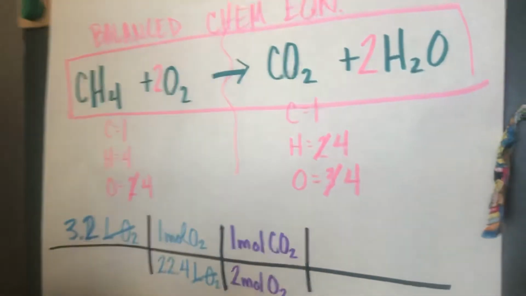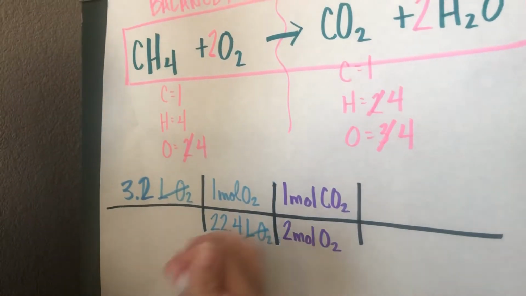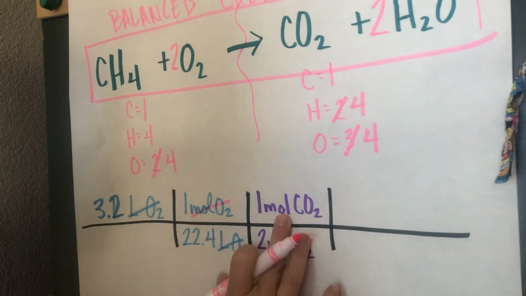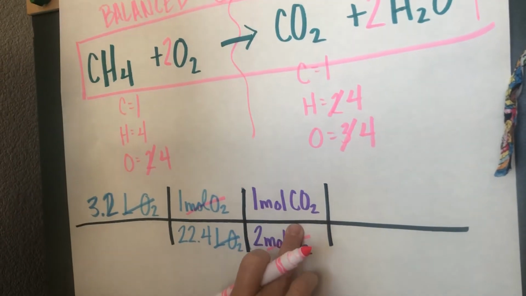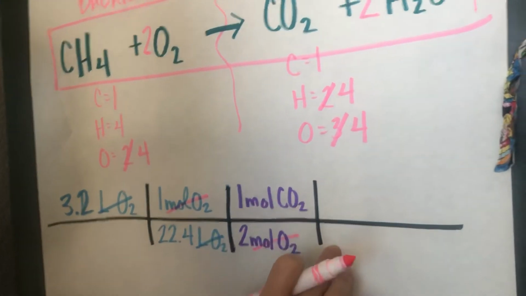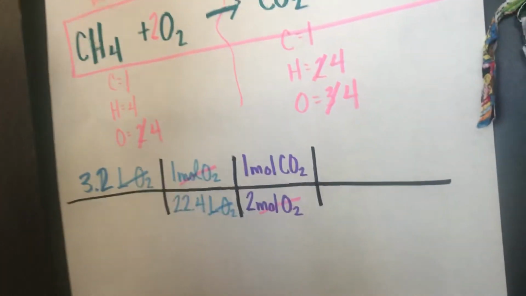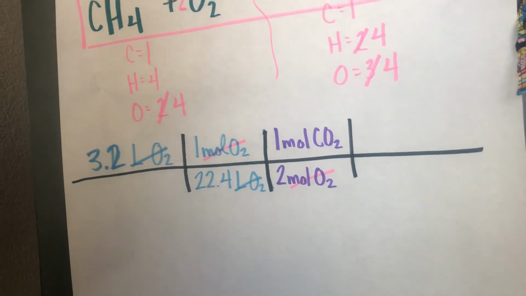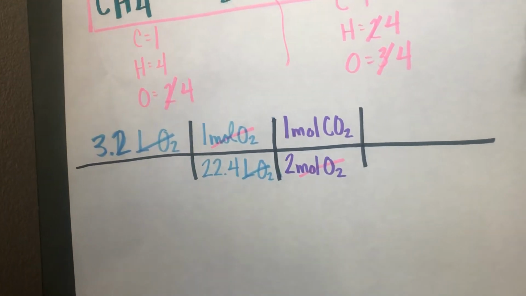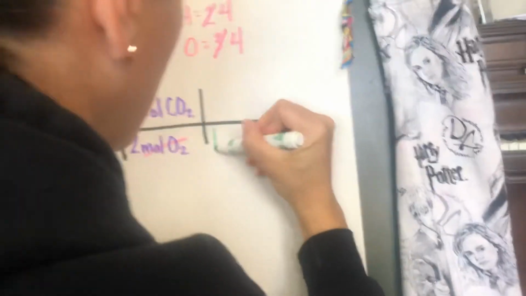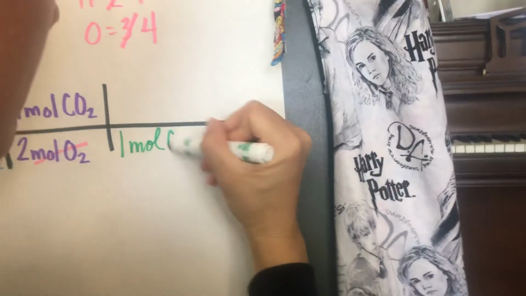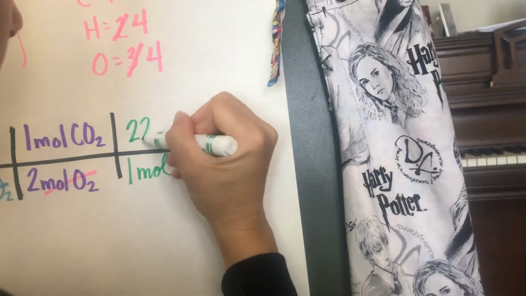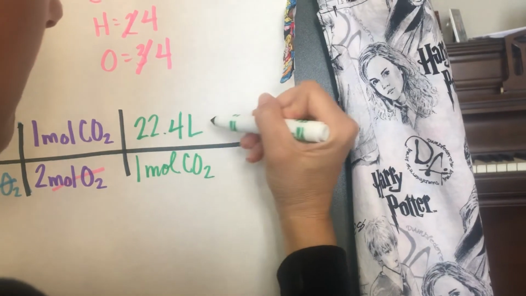Now let's take a look at our units. How are they shaking out? Moles of O2 cancel, and now I'm at moles of CO2. But remember, the problem wanted me to get to volume of CO2. So now I need to go from moles to liters, and luckily I have a handy conversion factor: 1 mole of any gas, in this case 1 mole of CO2, again assuming STP, occupies 22.4 liters.